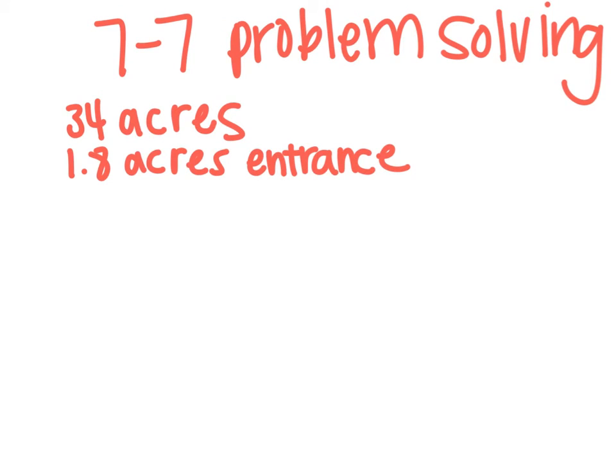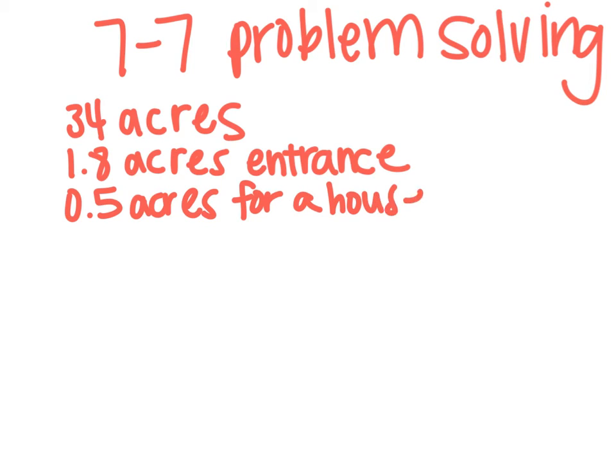And with the land that's left, the developer is going to divide it up into plots of land that are 0.5 acres for a house. So I want to know how many houses can I build on this land.